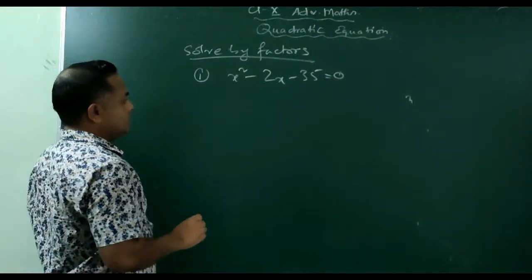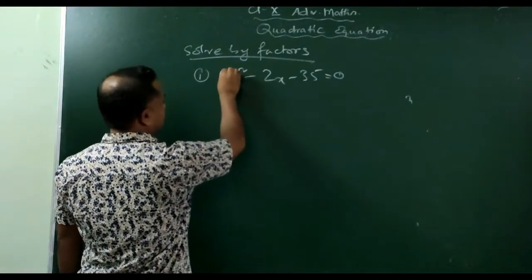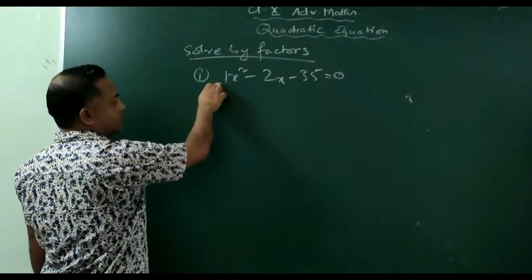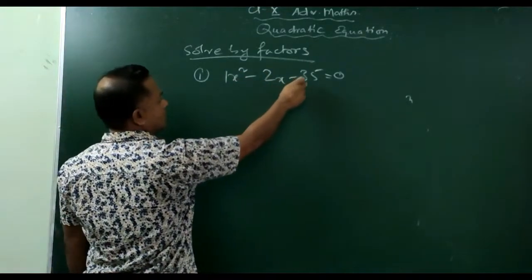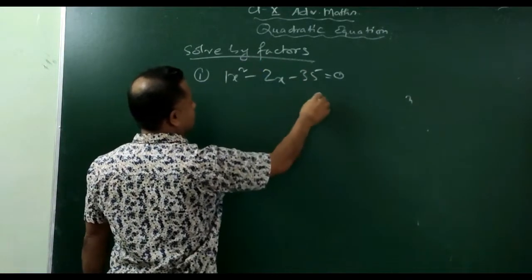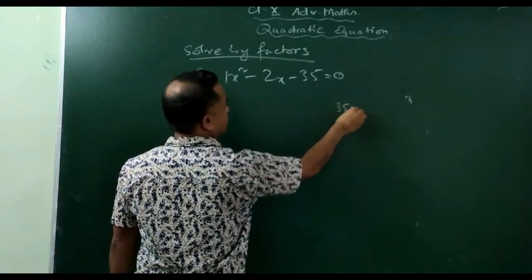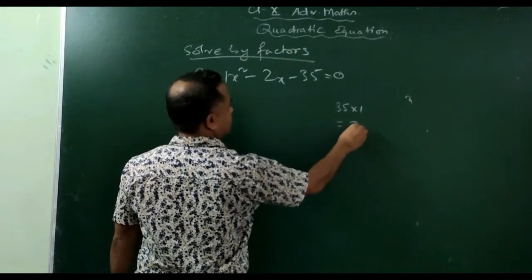In solving by factors, we multiply the coefficient of x square, that is a, and the constant, that is c. Multiplying 35 into 1 we get 35.